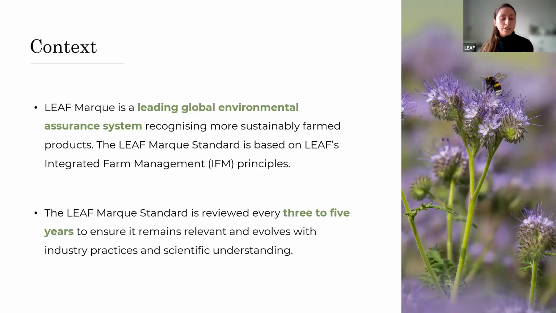The version of the standard that is currently effective, that is currently being audited, is version 16.1 of the standard. And version 16 was published a couple of years ago. Version 16.1 was an update to the standard that was made in September of 2023, I believe. And we're now currently developing version 17 of the standard.